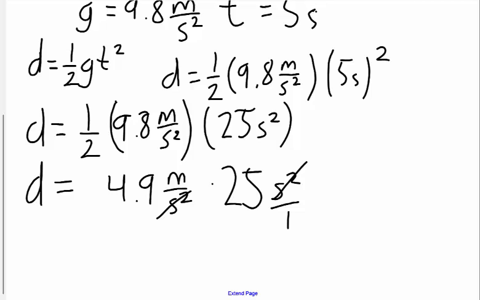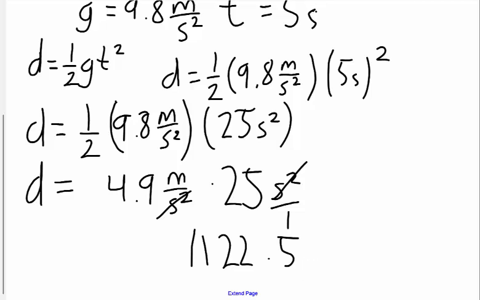If you have a calculator, you'd use a calculator. Right now would be a good calculator time. 4.9 times 25, and you would get 122.5 seconds. Or rather, meters, sorry. I made a mistake there. I was thinking we got rid of the seconds.